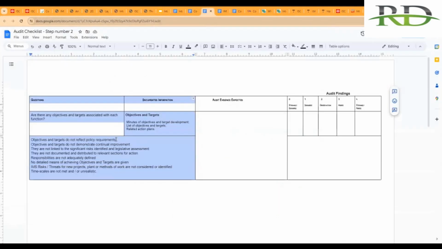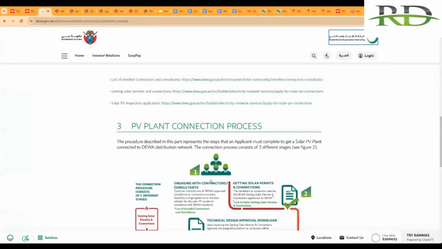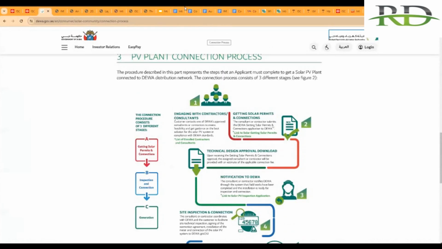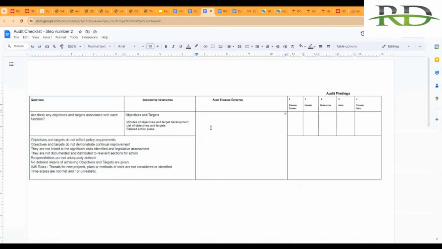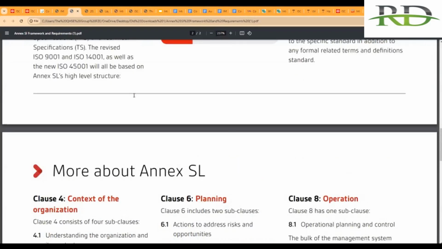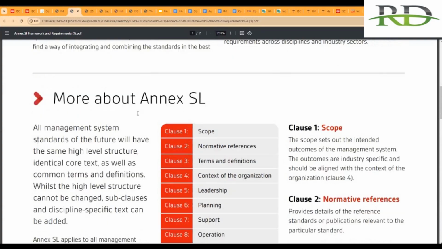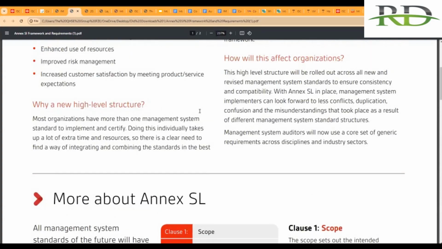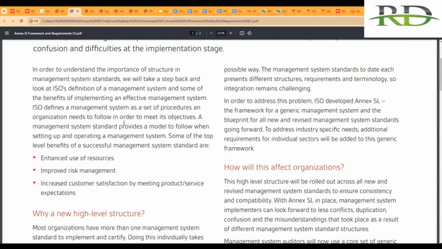Anyway, this is the audit evidence I'm going to gather for this process right here. So let us go to the audit evidence expected. What would I expect as conformity? What do I expect to see? When we say expect here, ladies and gentlemen, all we are looking at is that set of procedures that needs to be followed. We are looking for a model that needs to be followed.